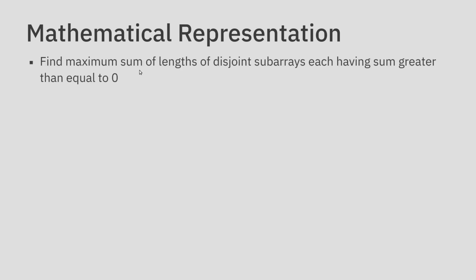So let's try to represent the problem mathematically. In one line, if I had to state the problem, it is finding the maximum sum of lengths of disjoint subarrays each having sum greater than equals to 0. So this is the problem statement in one line.